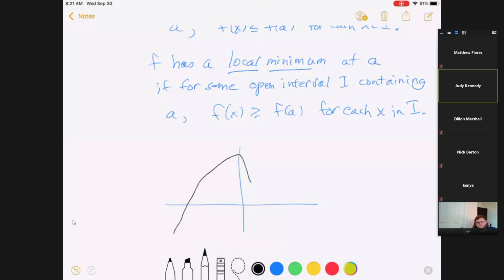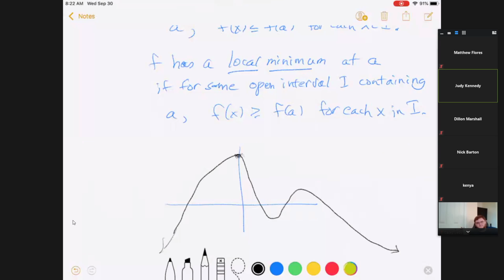Suppose f looks like this. It's going off to minus infinity as x goes to plus or minus infinity. But this function has a highest point right here, so that would be your absolute max.